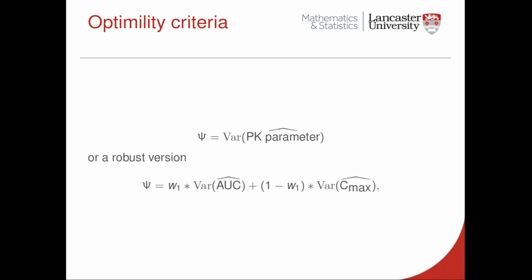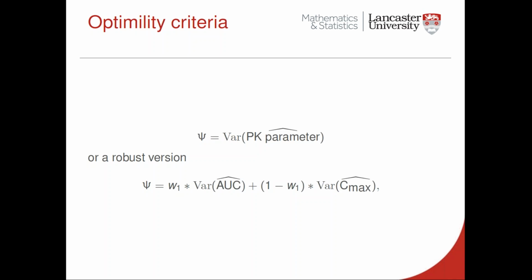One could consider, rather than the information matrix of the model parameter, the variance-covariance matrix of the PK parameters and optimize the determinant or whatever of that matrix in the same way as one does with D-optimality.